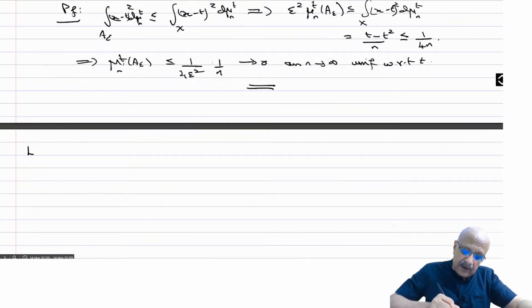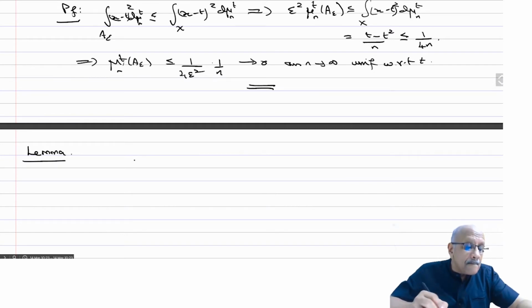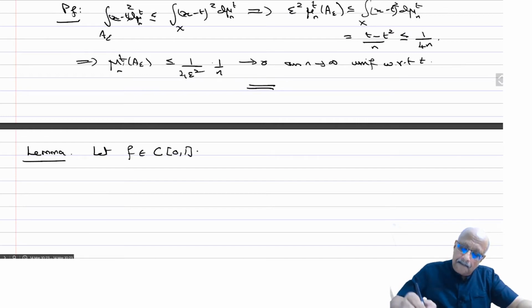So then lemma again. Let f belong to C[0,1], t in [0,1] fixed.